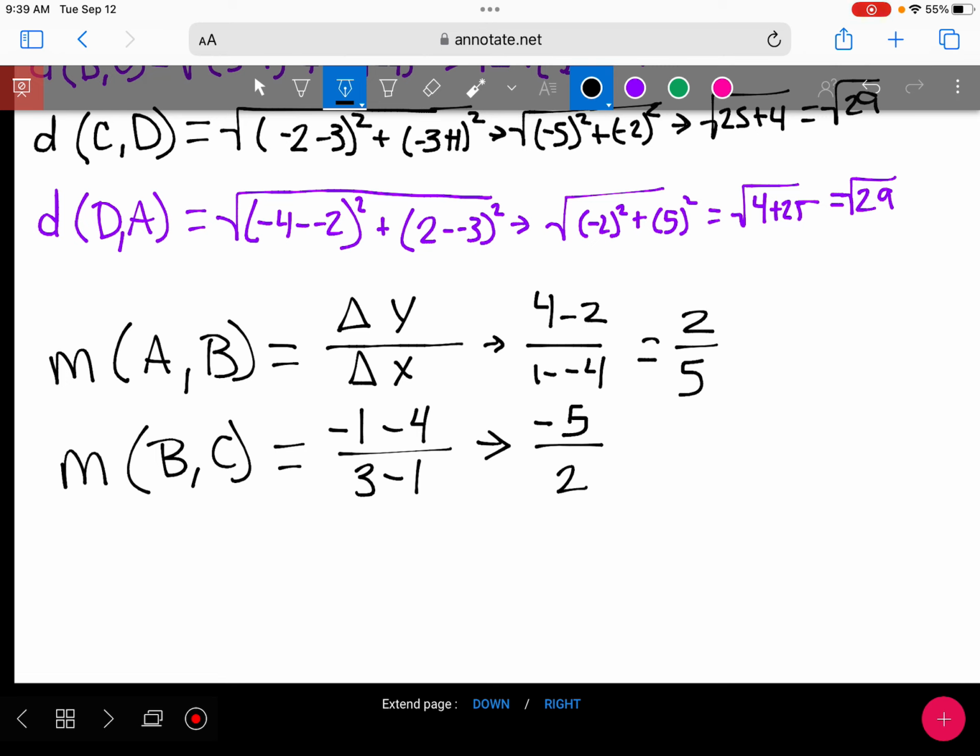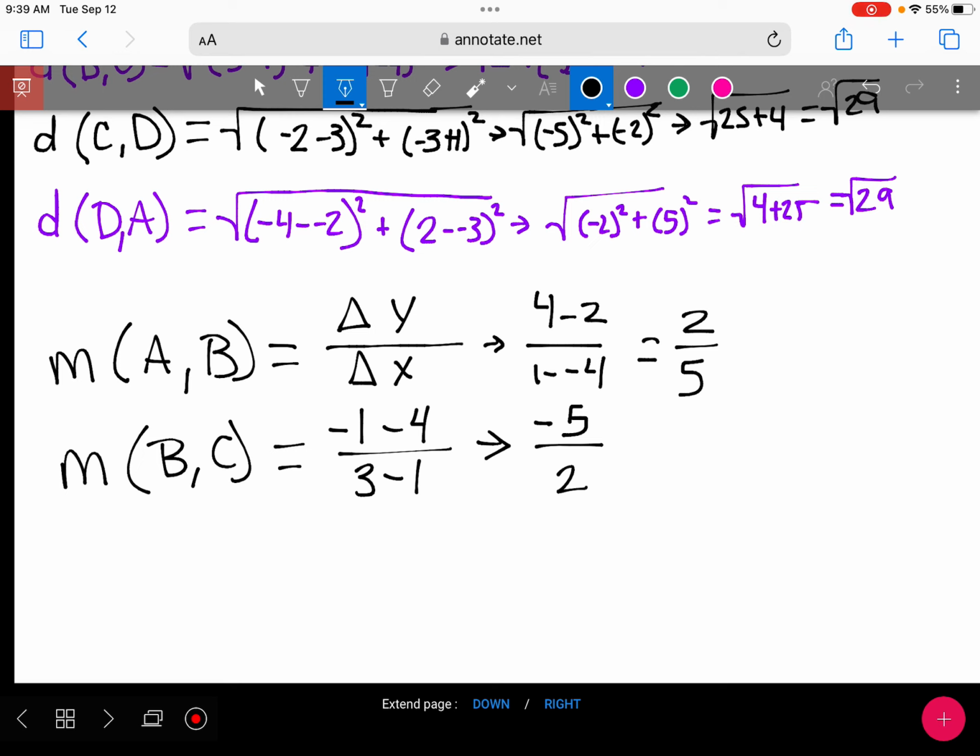Just gonna say, on a square, do they all need to have the exact same slope? So we're done. Do they all have the same slope? No. Positive slope, negative slope. Are you serious? Positive slope, negative slope.